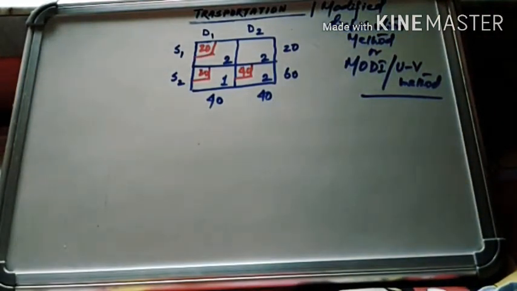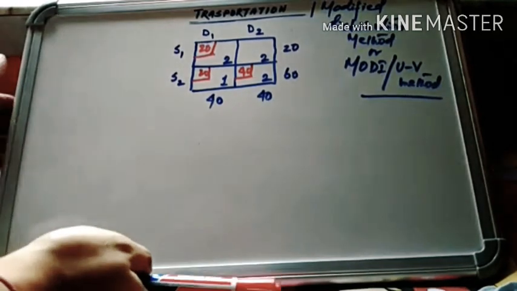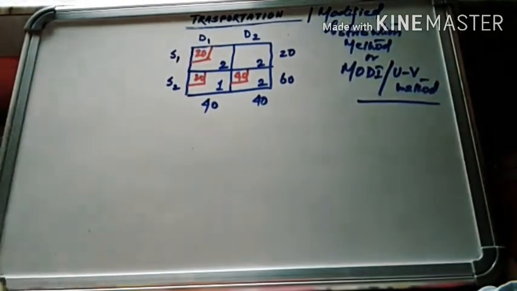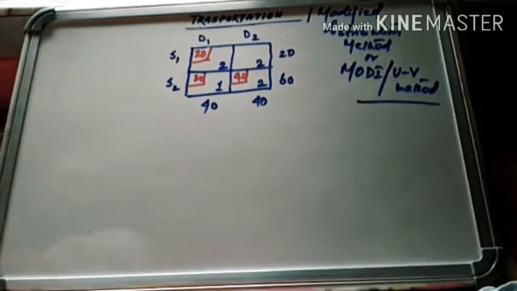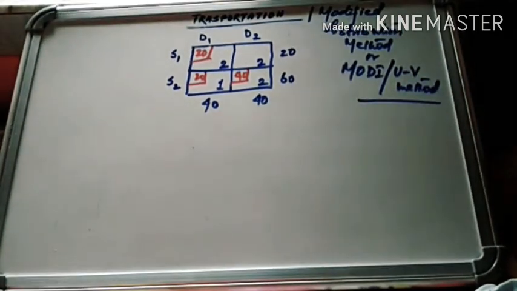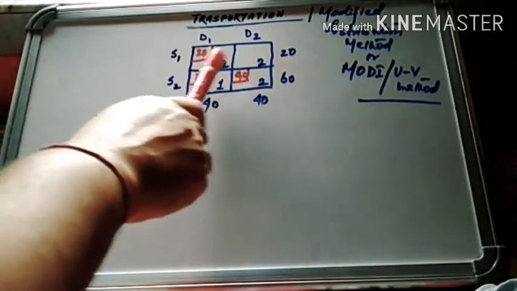What are the steps? The first step is to find the Cij values of all allocated cells.